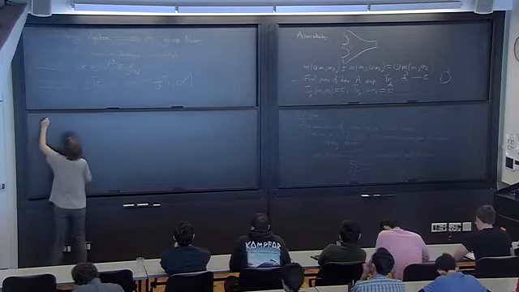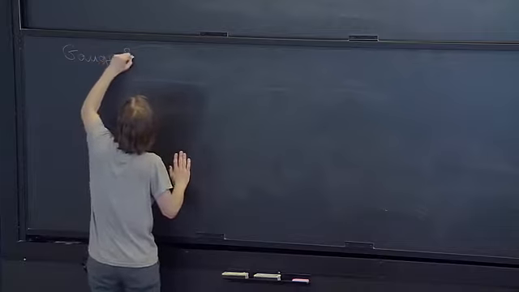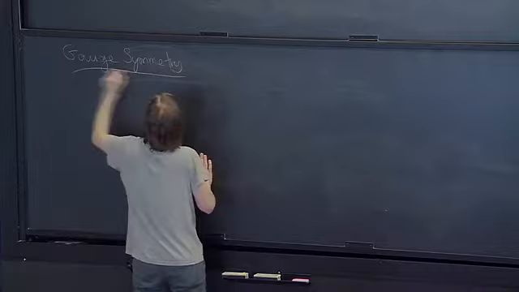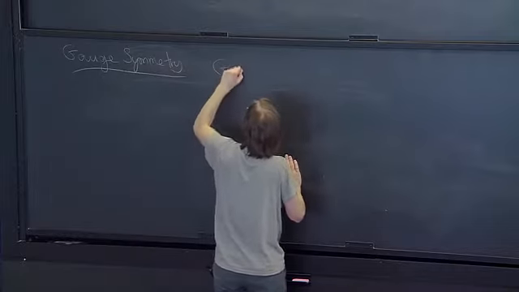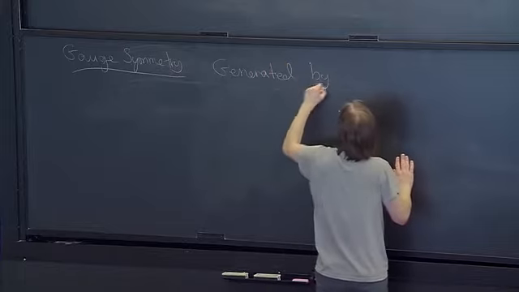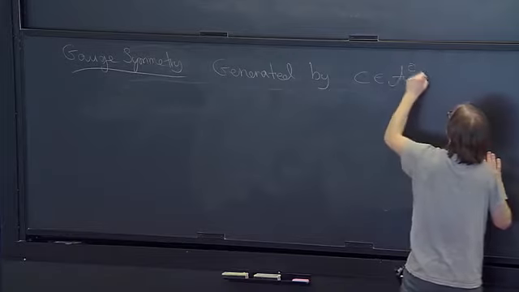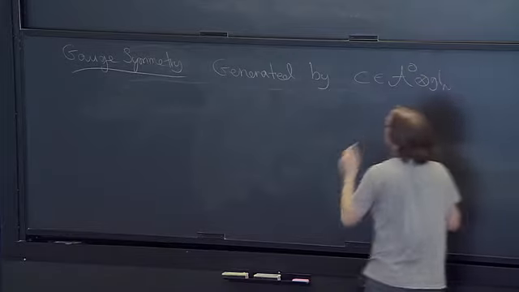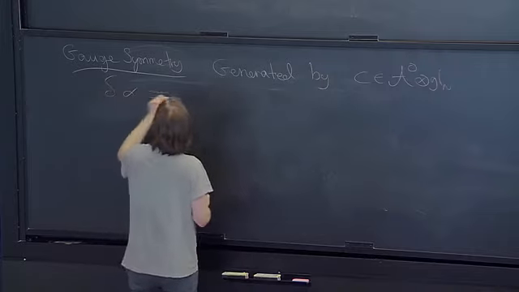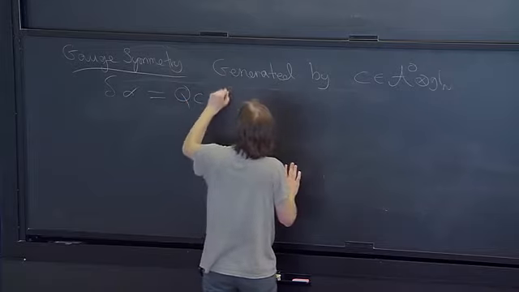And the gauge symmetry is generated by, I'll call it C in A0 tensor GLN, and the variation of alpha is QC.